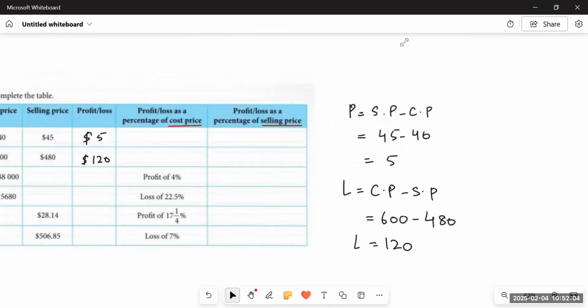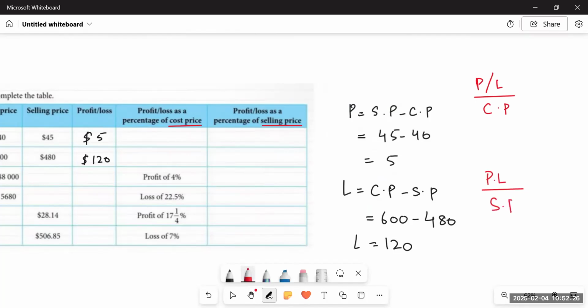We will just focus on the wordings, profit and loss as a percentage of cost price. If the statement says profit or loss as a percentage of cost price, then we will divide it by CP. And if we have to find out the percentage of profit and loss as a percentage of selling price, then we will put selling price in the denominator.